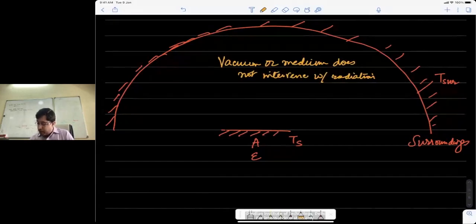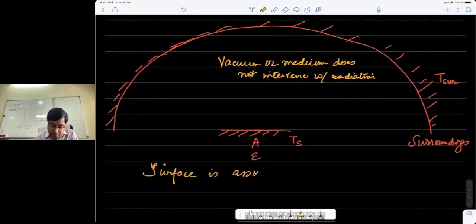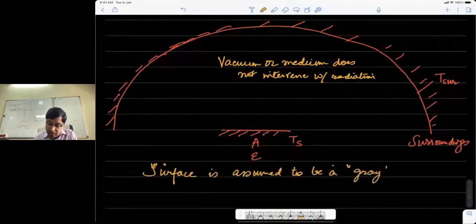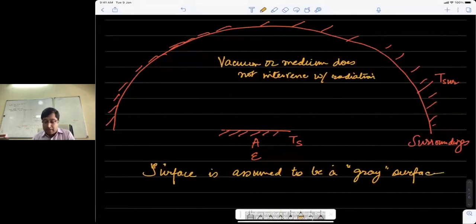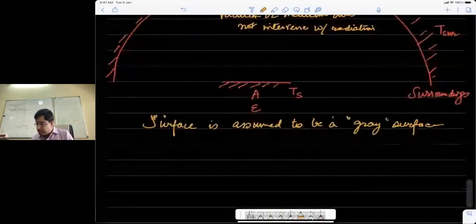Now in this scenario, we typically make one assumption, and the basis for that assumption I will cover later when we talk about radiation. The assumption is that the surface is assumed to be a gray surface. It's not the gray color, but it's assumed to be gray, which is a property of a surface.